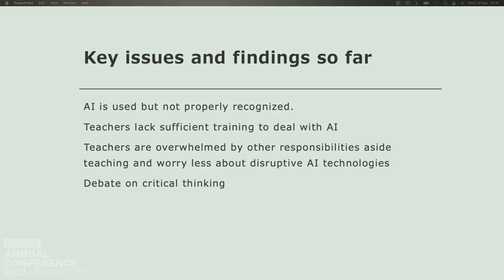And then there's also this debate on critical thinking. Some of the teachers are of the opinion that AI disrupts critical thinking. It does not support critical thinking because if ChatGPT, for instance, does your homework, where is the critical thinking?